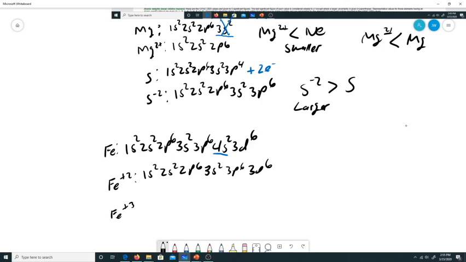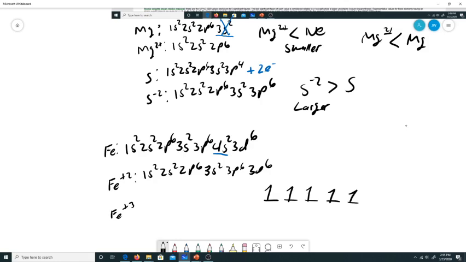When it comes to iron positive 3, now I have to determine where to take the extra electron from. Clearly, I'm going to take 2 from the 4s, and now I need to take away 1 more. Well, let's take a look at what this d orbital looks like. I have 5 of them. So it's 1, 2, 3, 4, 5. If I put these 6 electrons inside, it's up, up, up, up, up.